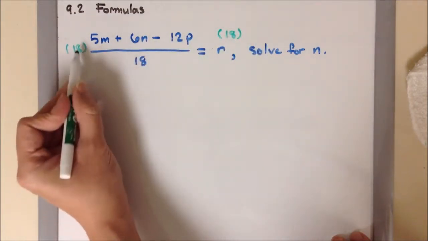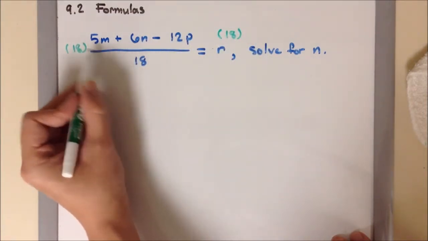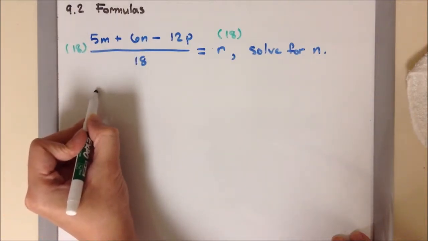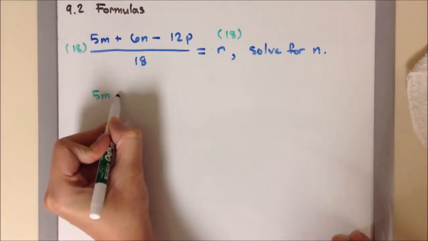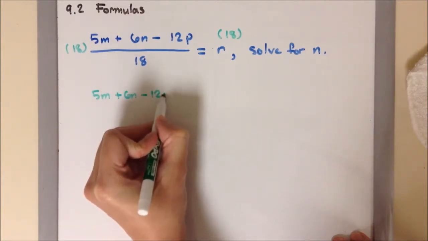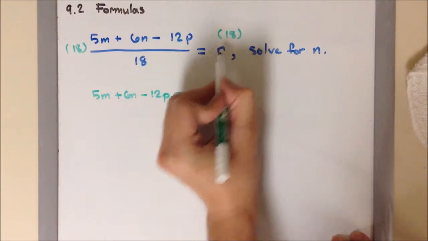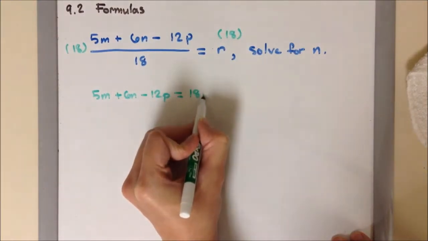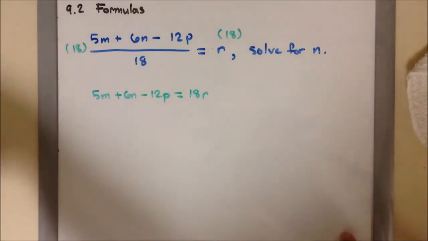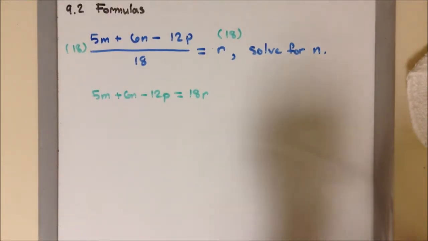So that way, when you multiply 18 on the left side, these two numbers will divide, becoming 1. Then on the left, you're just going to have 5m plus 6n minus 12p equal 18 times r, just 18r. Now, it doesn't matter what order you start with.